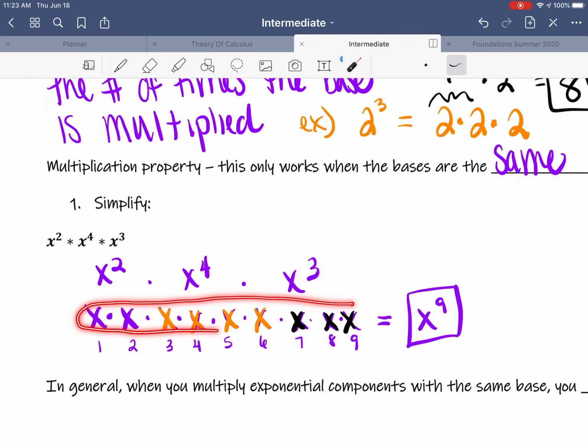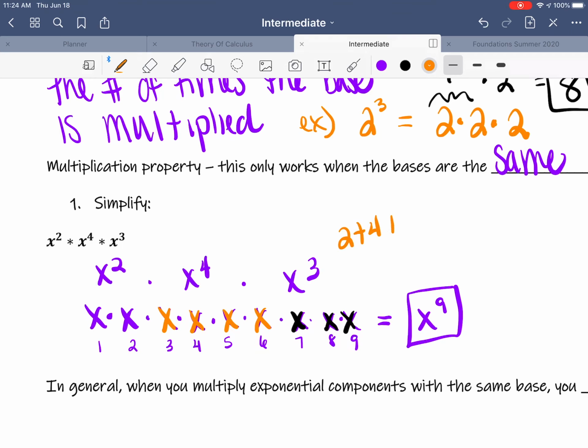If you look down at what I did here, I technically added them all up. So if we look at 2 plus 4 plus 3, those were the exponents, we get 9.